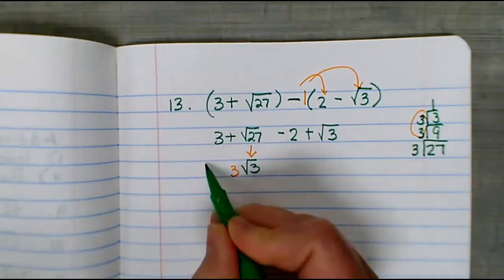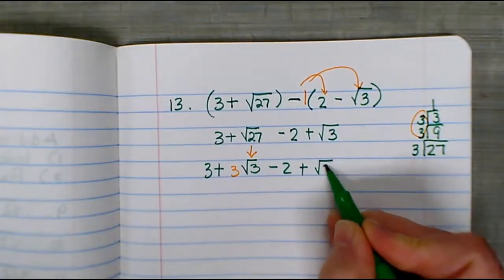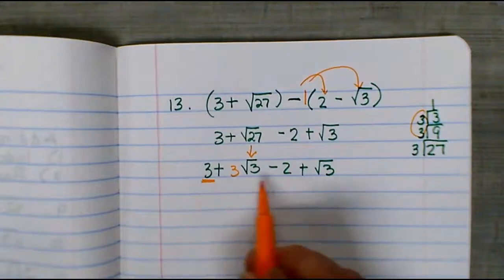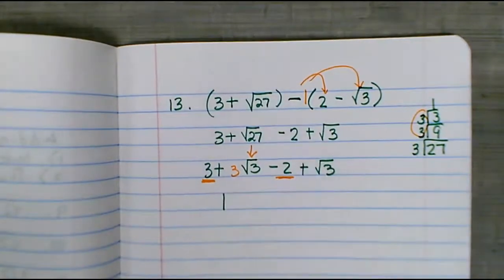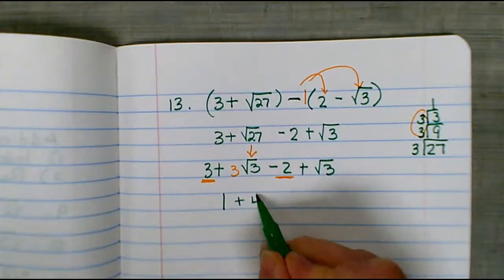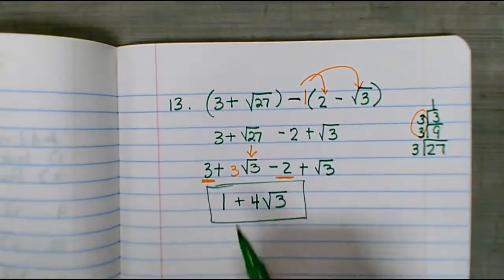And so that's the 27, 3 plus. So you combine like terms. Those are like terms. 3 plus a -2 gives you a 1. 3 plus 1 more gives you 4 square roots of 3.